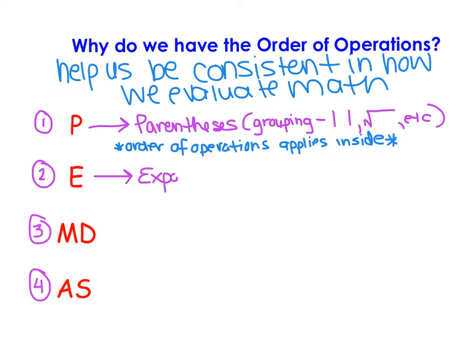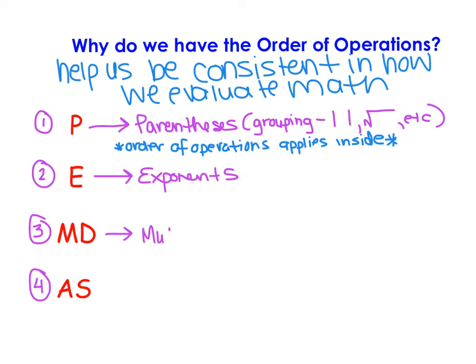And E stands for exponents. So after we've evaluated all of the parentheses, we then move forward and evaluate all of the exponents. Then after that, we move on to this MD level. You'll notice that I have M and D on the same level, and I do that for a reason.